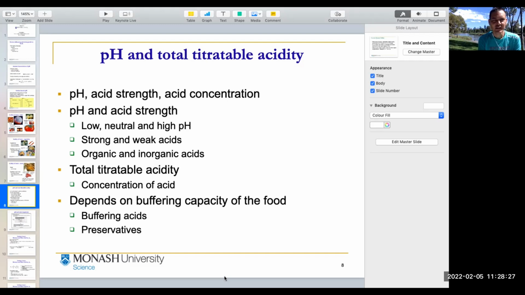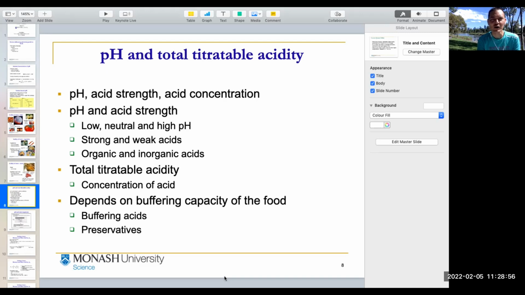So pH, it's important to remember, is a measure of the acidity or alkalinity on a logarithmic scale, or a log scale. So a pH of 5, for example, is 10 times more acid than a pH of 6. Anything at 6 or less is acid.